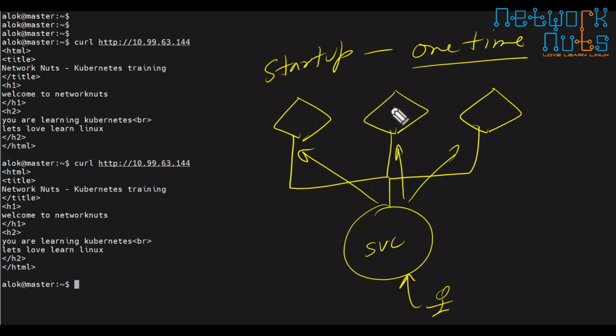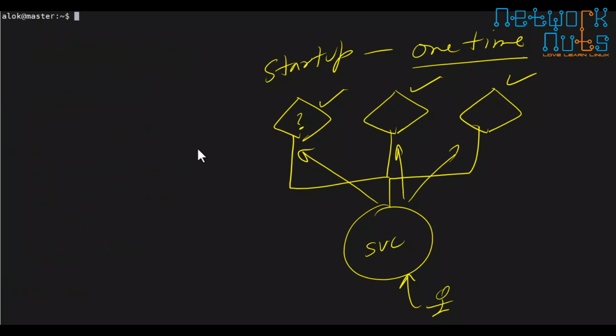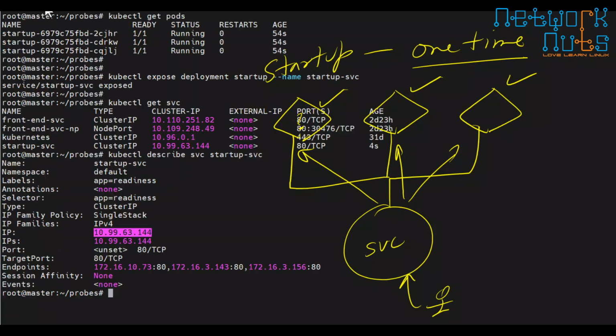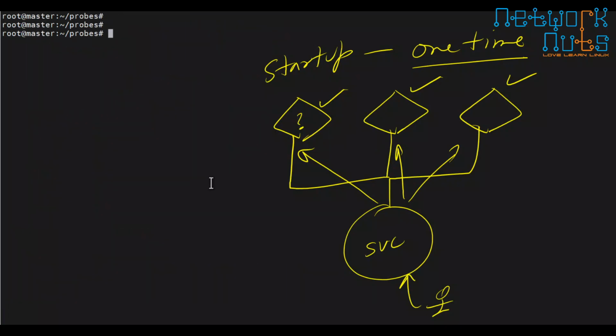Please understand it now. Once the container has started, after then something goes wrong in a container, right? Then startup probe is of no use. Let me show this. So I am going to check my pods, kubectl get pods.